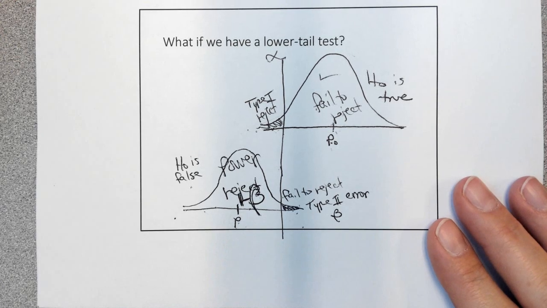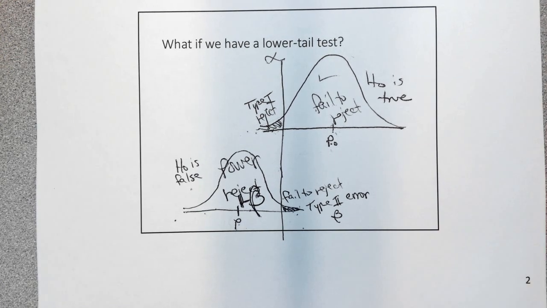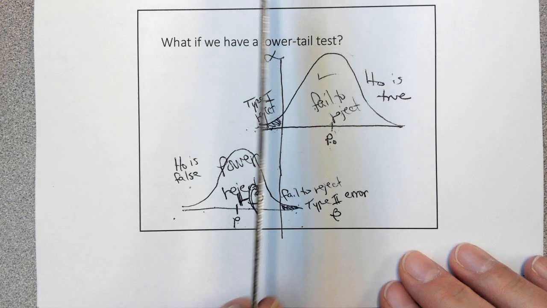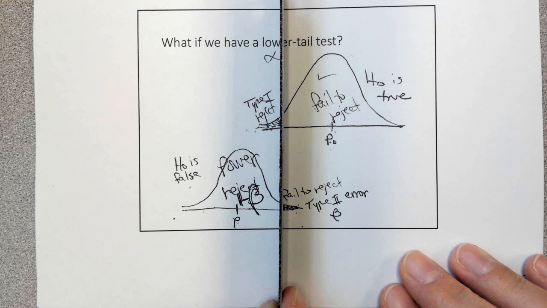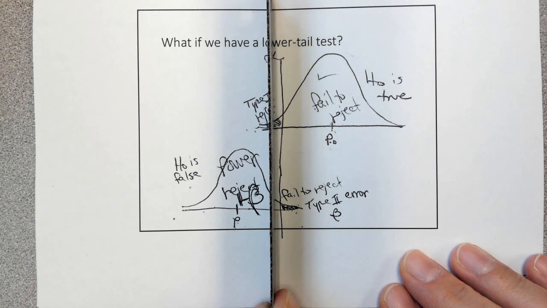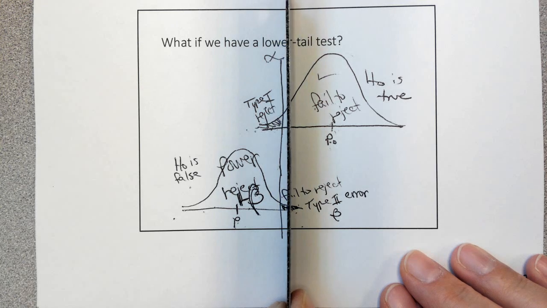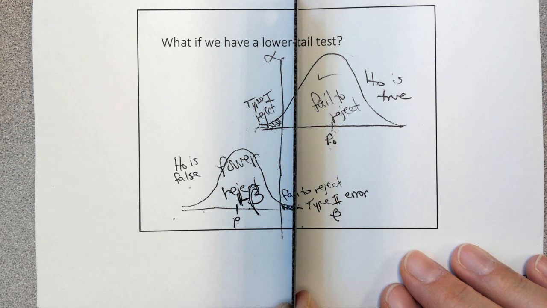But what you do have to know and be able to communicate on AP exam day is, if alpha's here and you move it this way, type 1 just got smaller, alpha got smaller, but beta got bigger. If your alpha level gets moved this way, type 1 error goes up, type 2 error goes down.